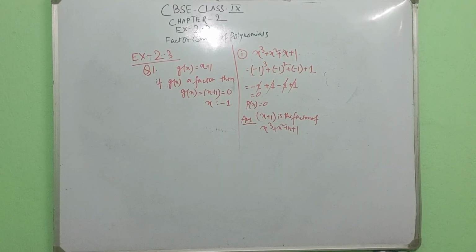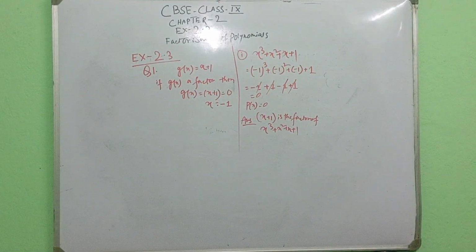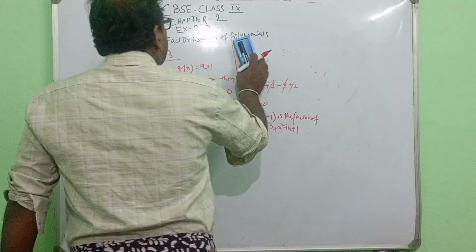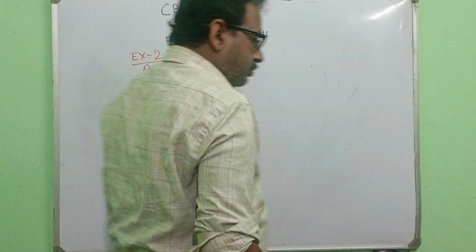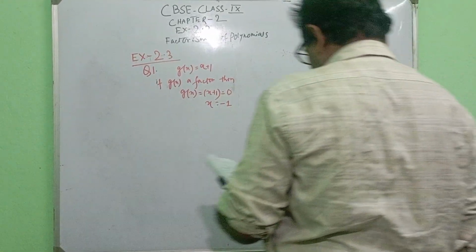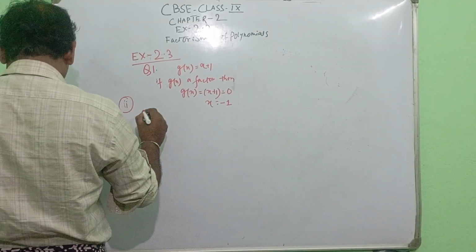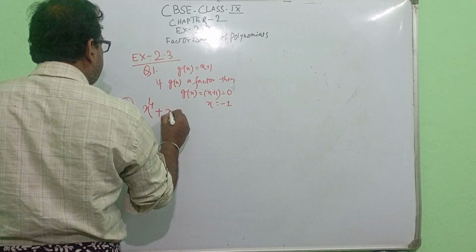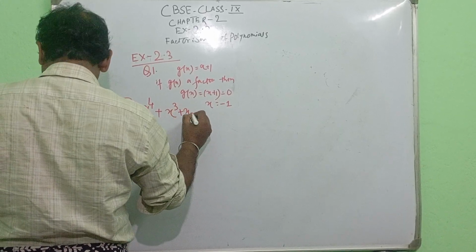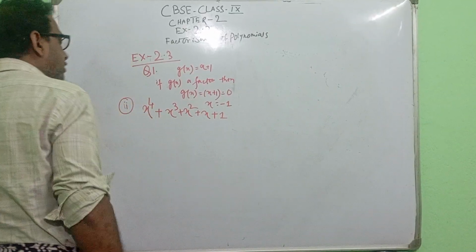Now second thing is that accordingly we have to do the second one. The function is x to the power 4 plus x cube plus x square plus x plus 1.